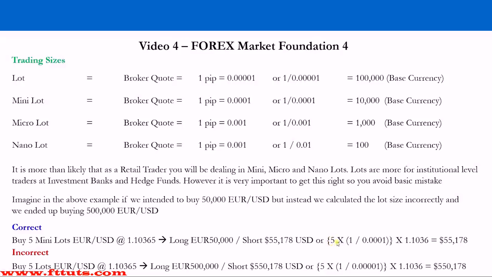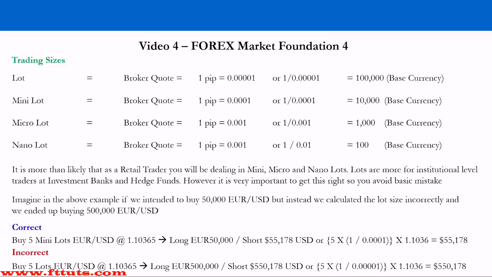Or we work this out as 5 contracts, 5 mini lots times 1 divided by 0.0001, the pip value on the broker's platform, multiplied by the exchange rate that we buy at. And that is equivalent to the 55,178 exposure.